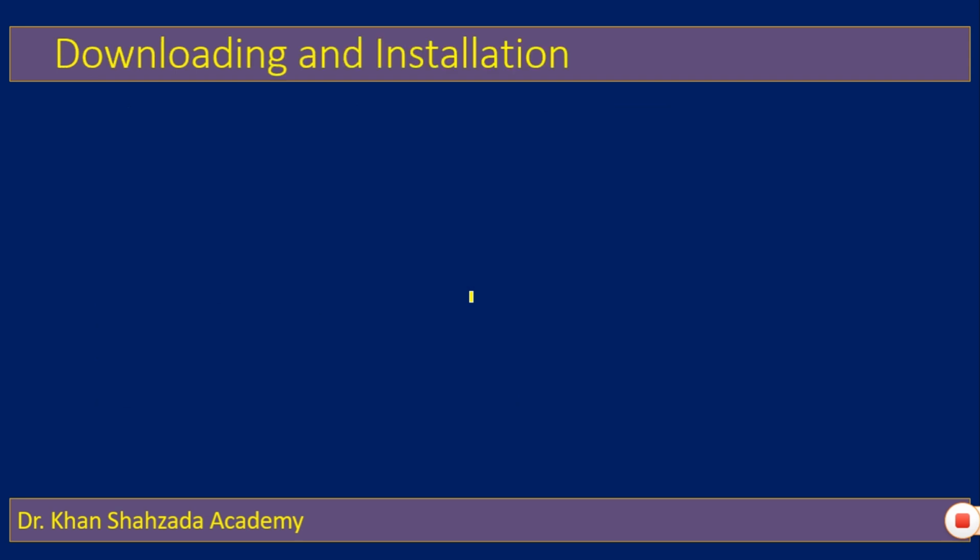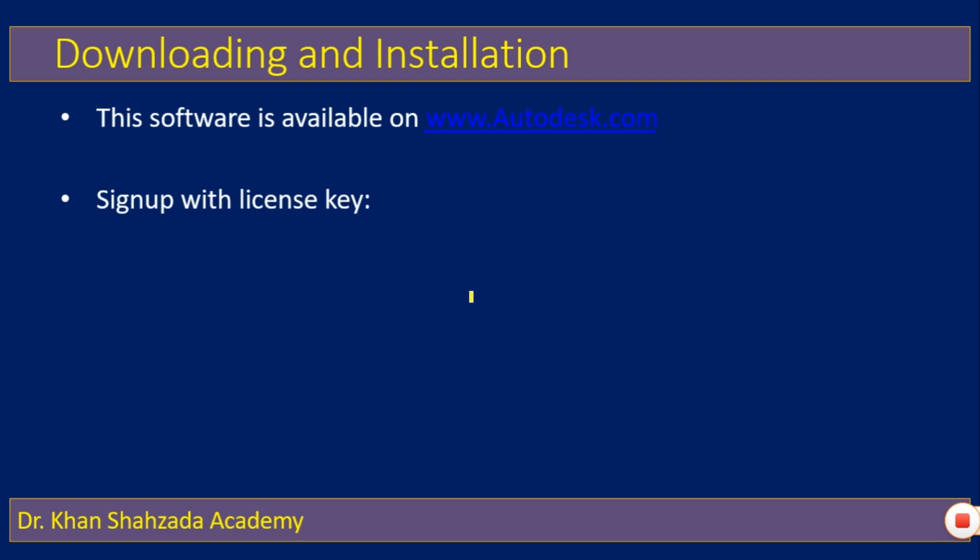Now this is about how to download and install Autodesk Civil 3D. This software is available on the website of Autodesk. You can easily visit this website and download the software. After downloading, you must sign in using your license key.